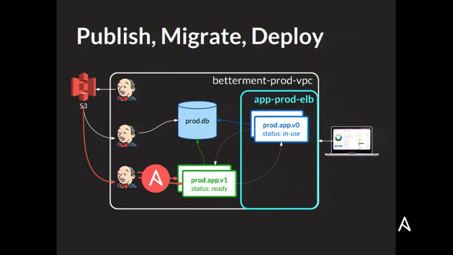So here you can see the first Jenkins build slave is going to be publishing artifacts to S3. We're then going to be downloading them, unpacking, using that code to then migrate the database, and then downloading the provisioning code from Ansible, which I'll talk about, and then stand up new servers.